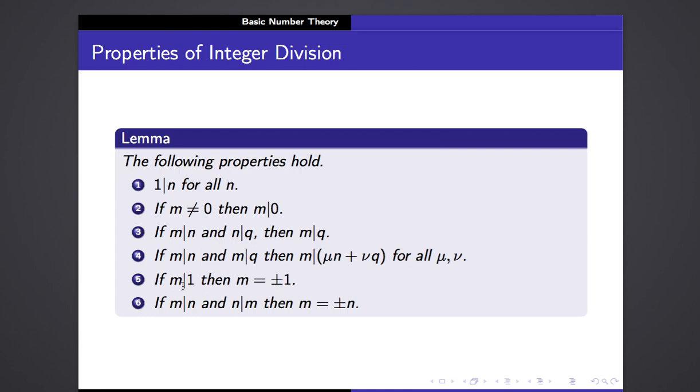Next one, if m divides 1, then m must be plus or minus 1. And last property, if m divides n and n divides m, then m has to be the same as plus or minus n.